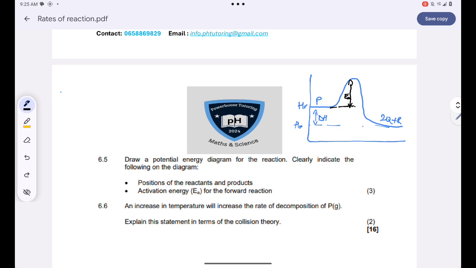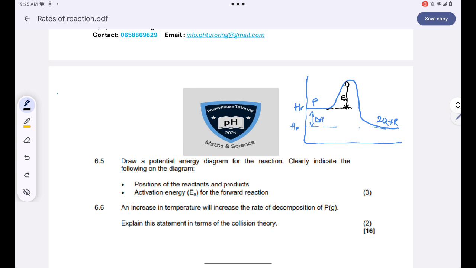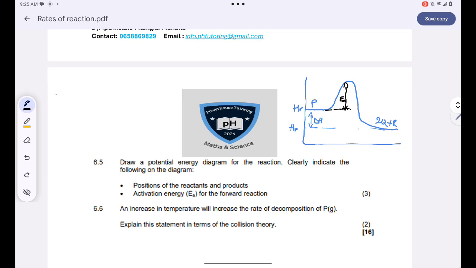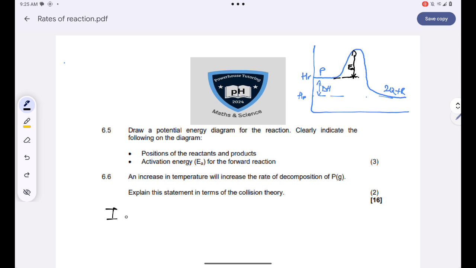Okay, and then now I'm being asked, an increase in temperature will increase the rate of decomposition of P. Explain the statement in terms of collision theory. Whenever, guys, you increase the temperature, what will happen is that you are increasing the average kinetic energy of the particles.